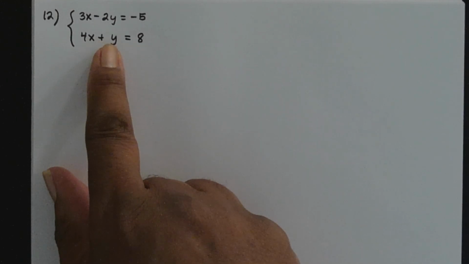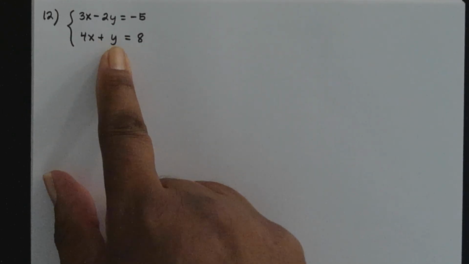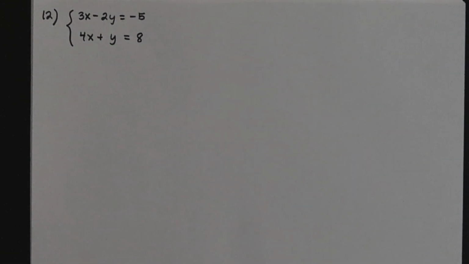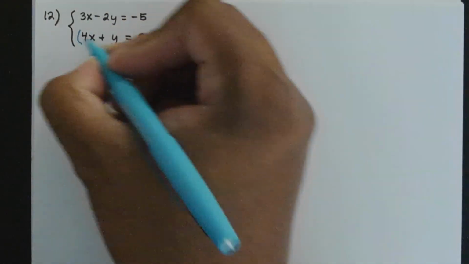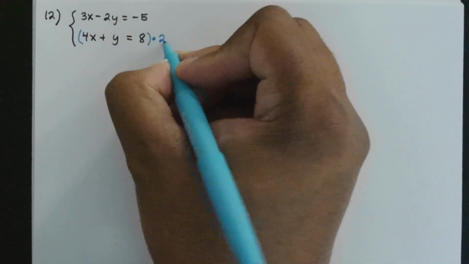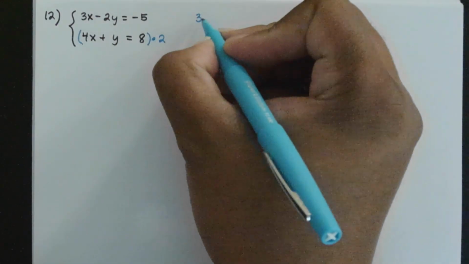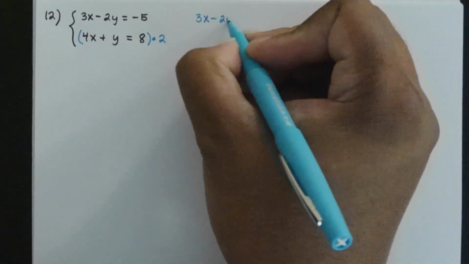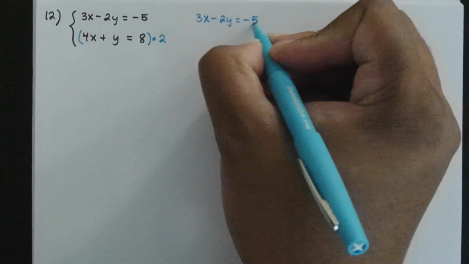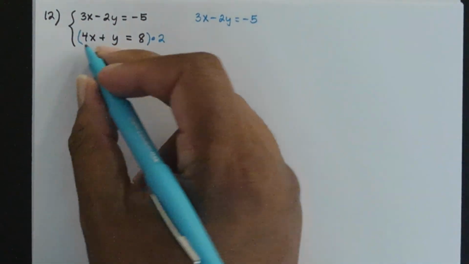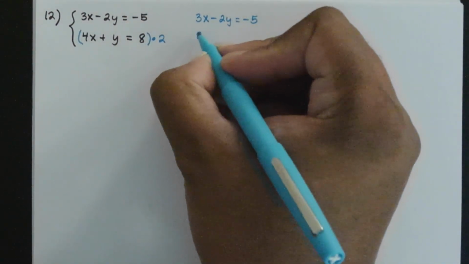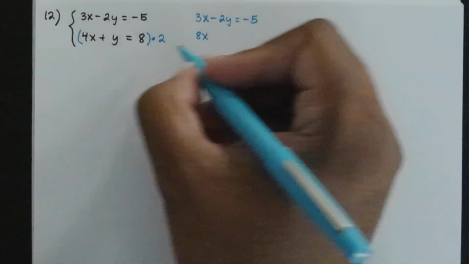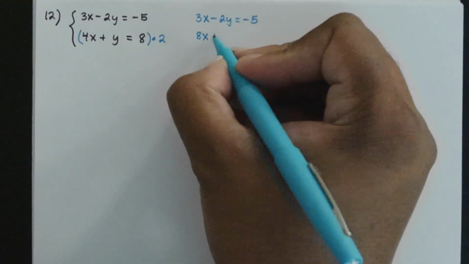But notice I want that plus y to be a plus 2y. So what do I need to multiply that second equation by? By 2. So that means I'm going to have, I'll bring over the 3x minus 2y is equal to negative 5. But that second equation, if I do 2 times 4x, I'm going to get 8x. And then 2 times a plus y would be plus 2y.